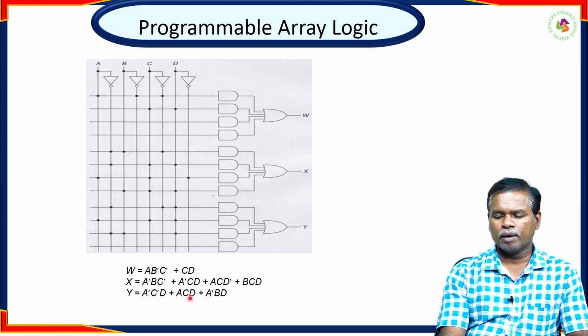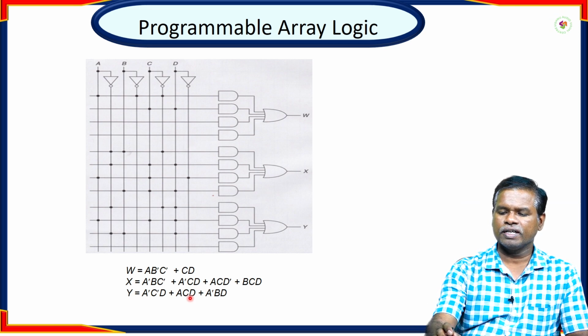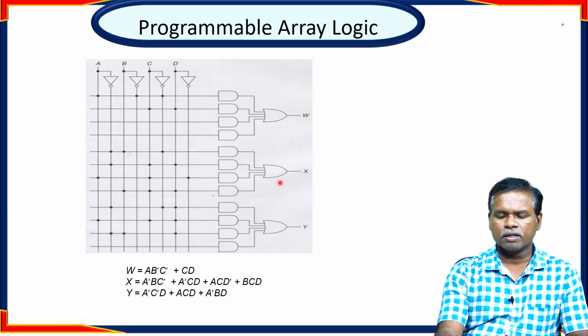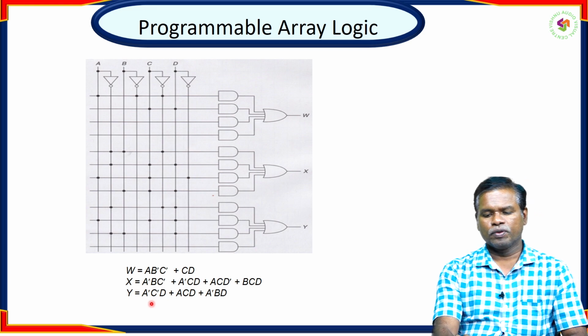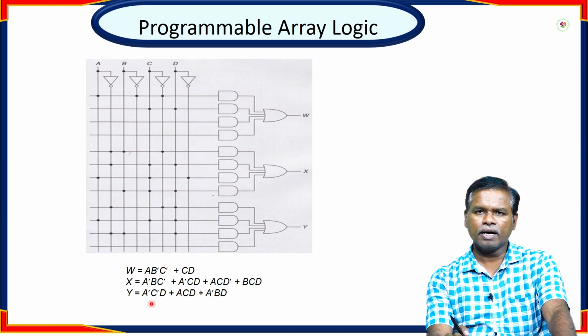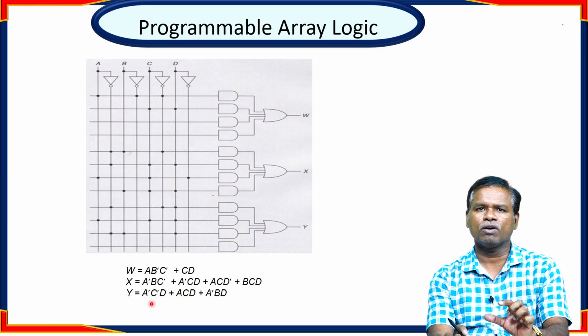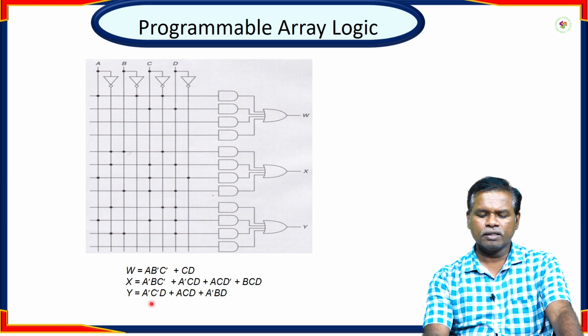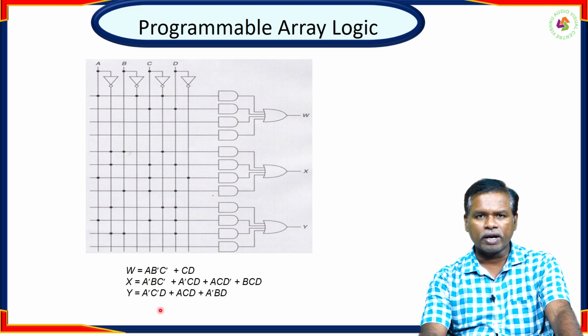But in the implementation, even though the first has two, the second four, and Y three, we need to use a fixed number of product terms for each output. Because the Boolean function X has the highest number of product terms, four, we will use four product terms for W as well as Y.